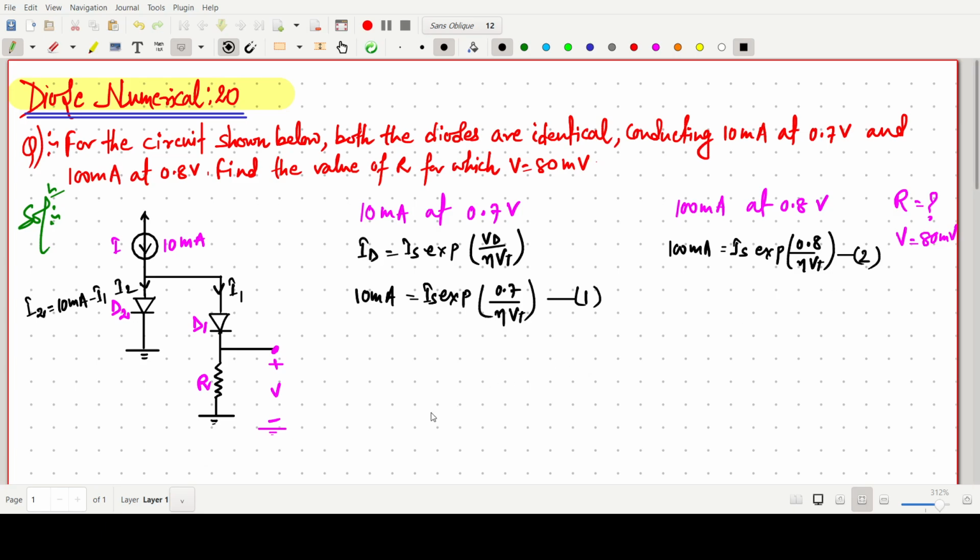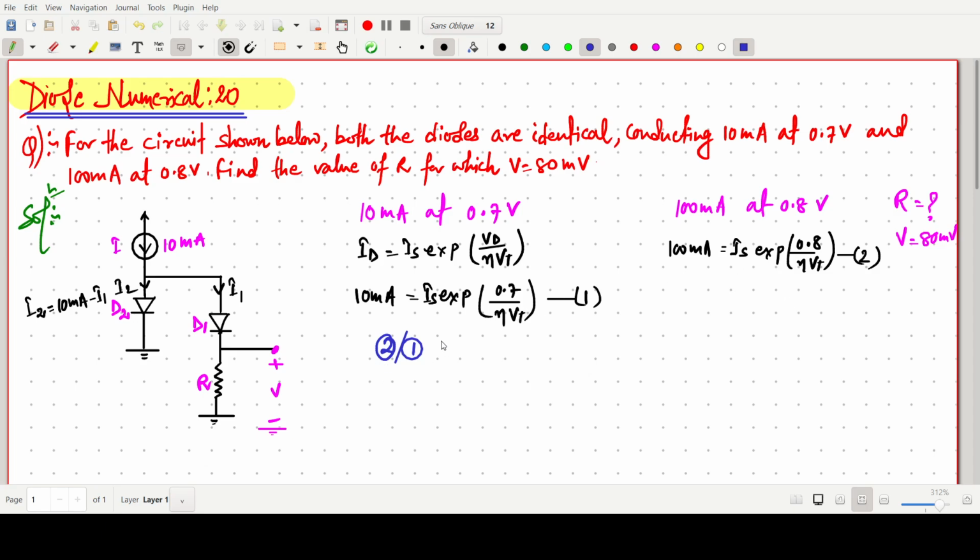If we divide equation 2 by 1, why are we doing this? Because first we are trying to find eta. IS will cancel, but eta will be there. This is not a simple question, the missing parameter we have to find.